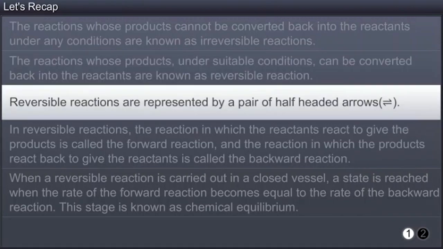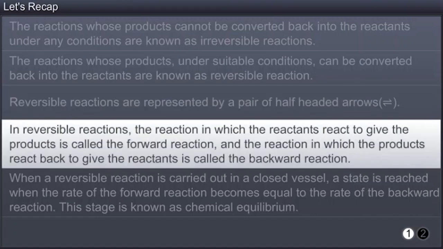Reversible reactions are represented by a pair of half-headed arrows. In reversible reactions, the reaction in which the reactants react to give the product is called the forward reaction, and the reaction in which the products react back to give the reactants is called the backward reaction.